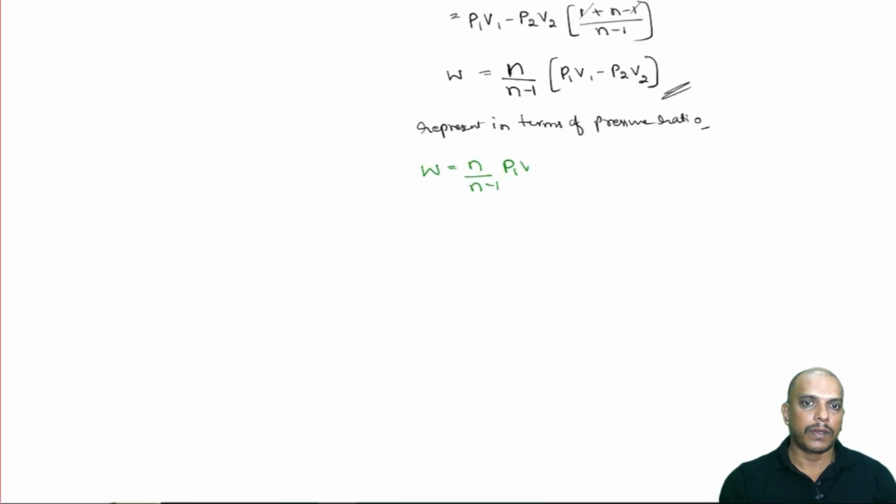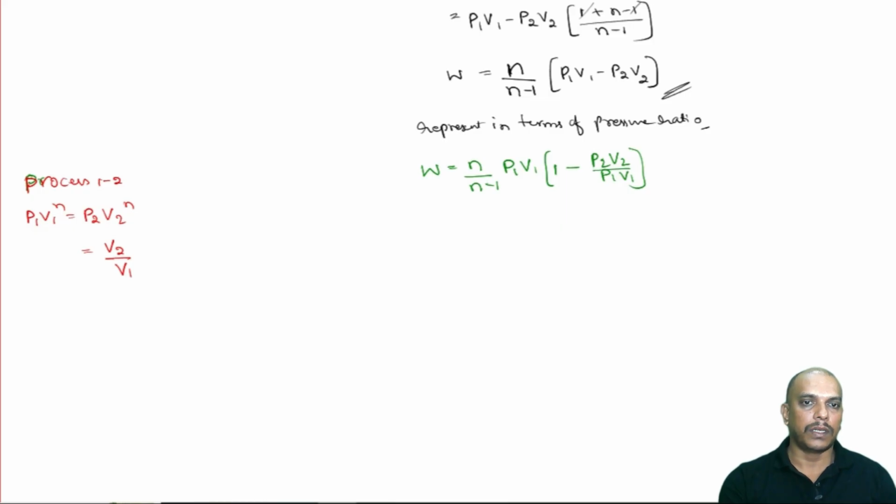I will take P1 V1 common, what we will have is 1 minus P2 V2 divided by P1 V1. So, for process 1 to 2, we know that P1 V1 power n is equal to P2 V2 power n. Now, I am interested in replacing V2 by V1 here because I don't want volume here.